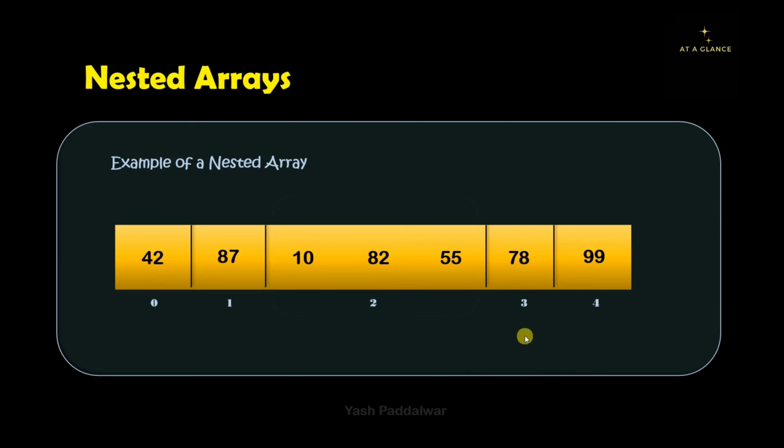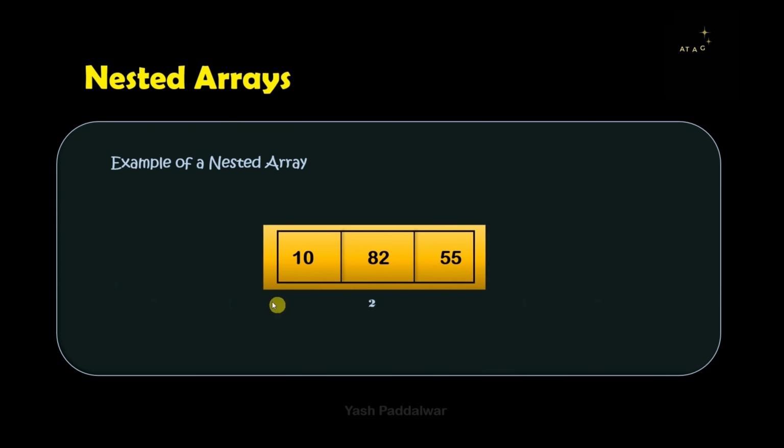But the representation is quite unobvious. So for that, we will club all these 3 into an array. So now you can see that at index 2, we have a different array which is inside the larger array. So this is what array inside array is, and which is called a nested array.